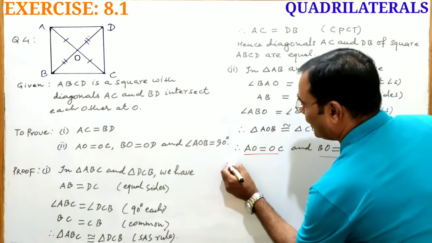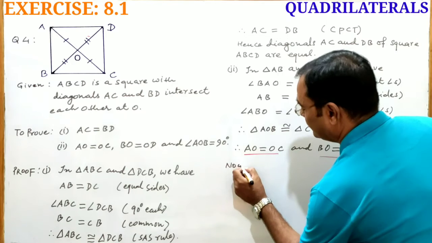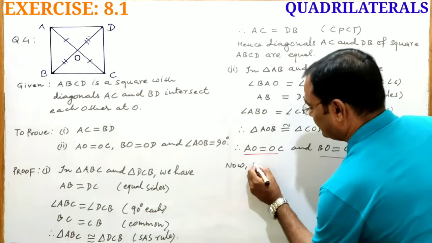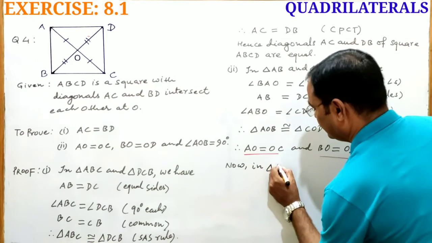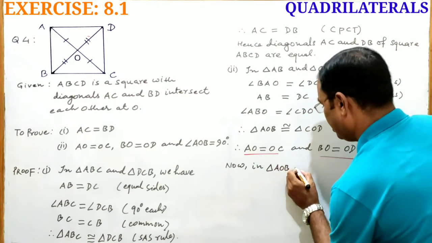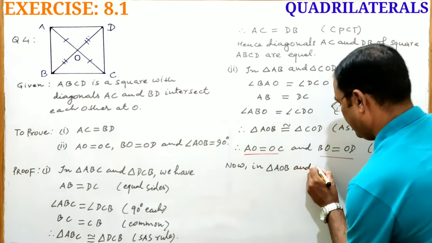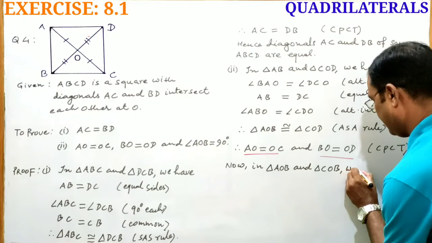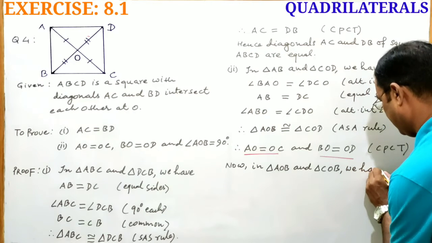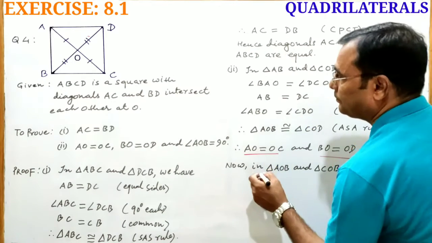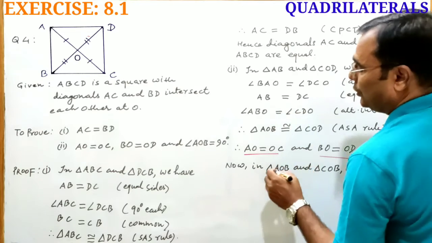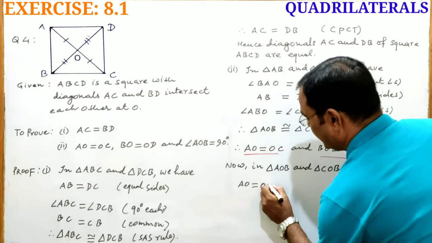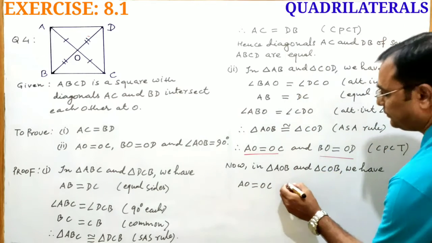So now in triangle AOB and triangle COB we have AO equal to OC, proved.